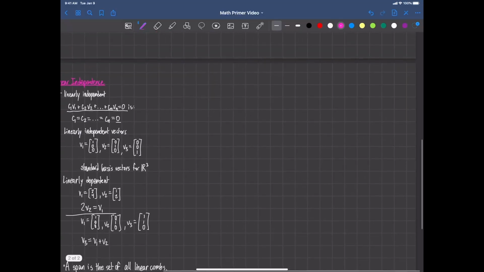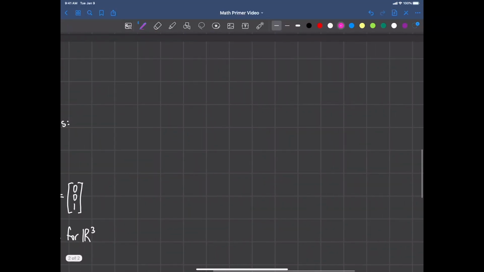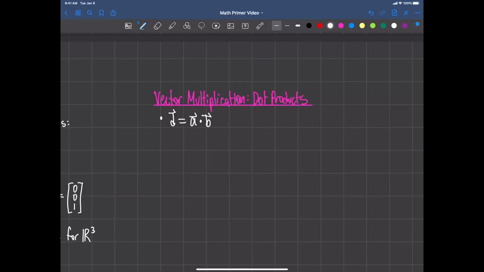Now, let's talk about vector multiplication, specifically dot products. So, what is a dot product? We denote it like this. The scalar D is equal to the vector A dot vector B. The dot product generates a scalar value from the product of two vectors.